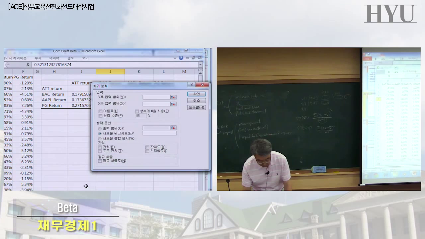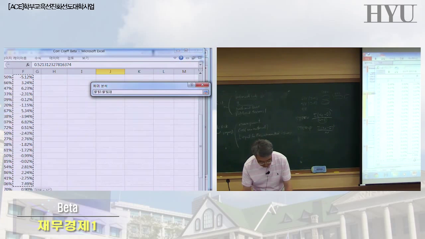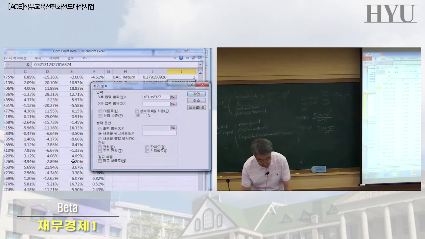So if you want to calculate beta of, say, PG, then just highlight this PG, including the label. Do not include the standard deviation, okay? That's your Y variable. X variable, what should we do? S&P 500, right?